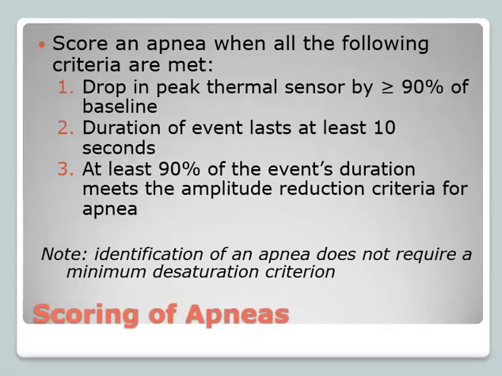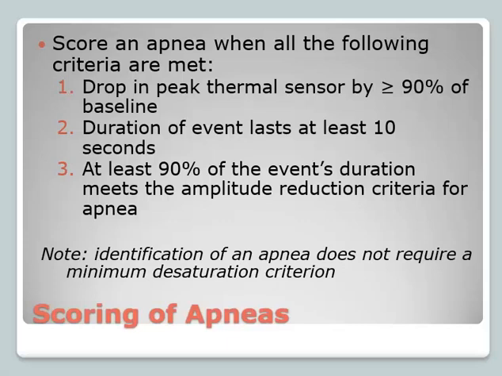So, the definition of an apnea. You're going to score an apnea when your thermal sensor drops by at least 90% from baseline. You might still have a little bit of fluctuation in that signal. The event lasts at least 10 seconds, and at least 90% of the event's duration meets the amplitude reduction criteria, where you have that drop in the thermal sensor.